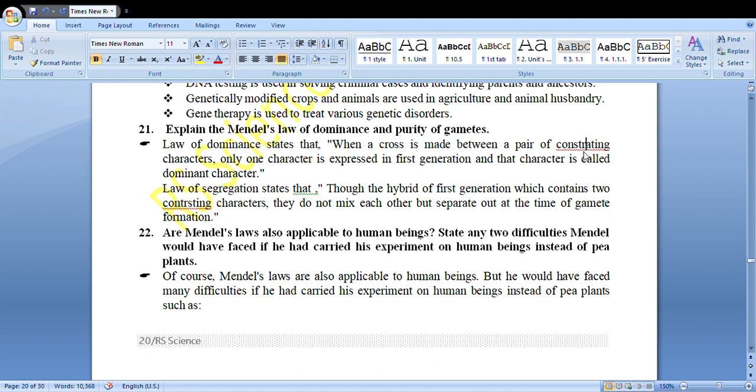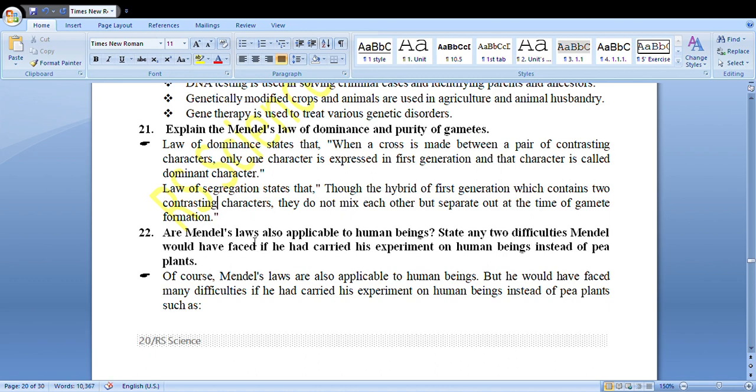Contrasting, and law of dominance, we have already learned this, and law of segregation also we have already learned this. Contrasting, so you can learn again.